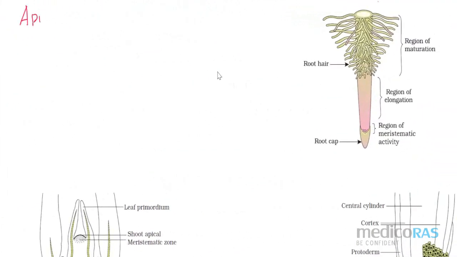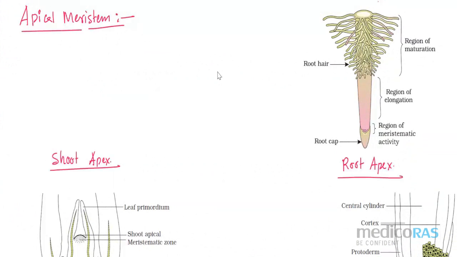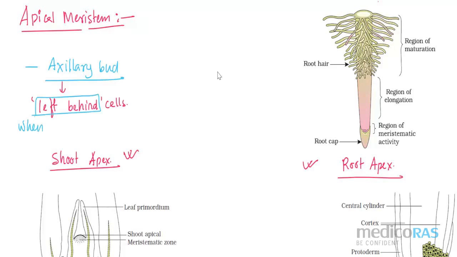Now, let's see the function of apical, intercalary and lateral meristem. First of all, under apical meristem we have two distinct areas: shoot apex and root apex. Under the shoot apex, we have the concept of axillary bud. These are known as left behind cells when the development of leaf and stem takes place.